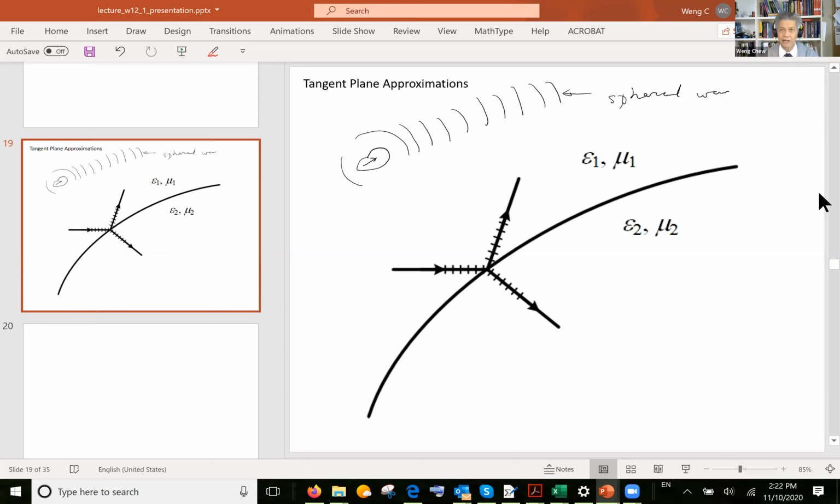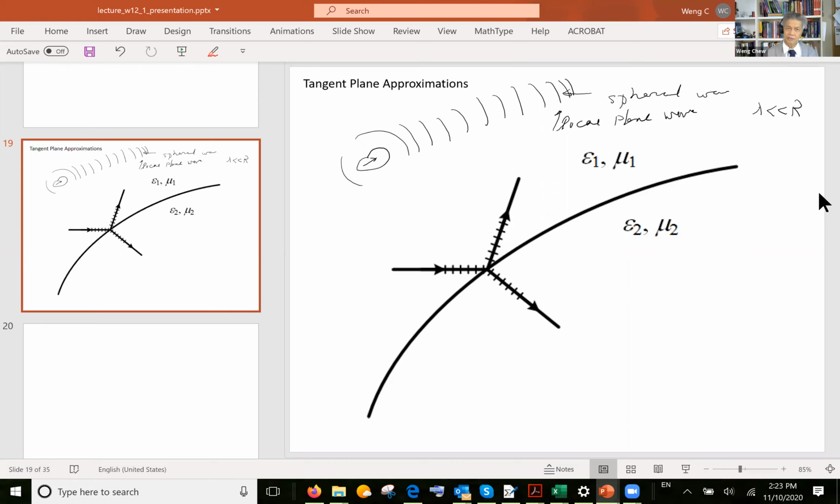And if you are far out enough so that the wavelength compared to the radius of curvature, lambda, is much, much smaller than r, then this becomes a local plane wave. A spherical wave becomes a local plane wave if you're far enough from the source.